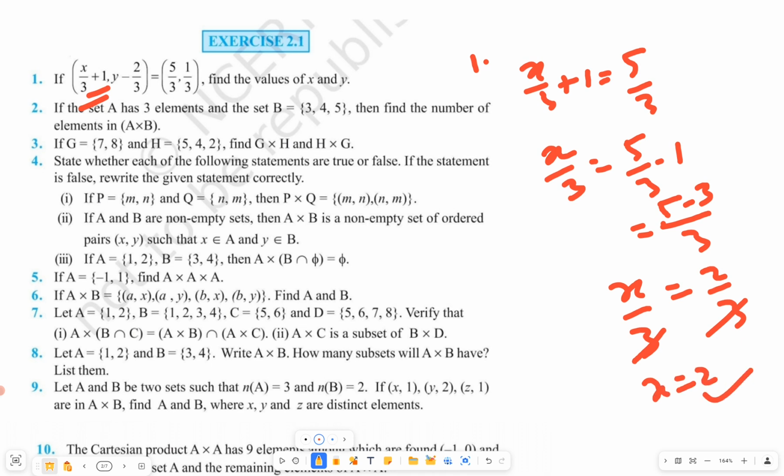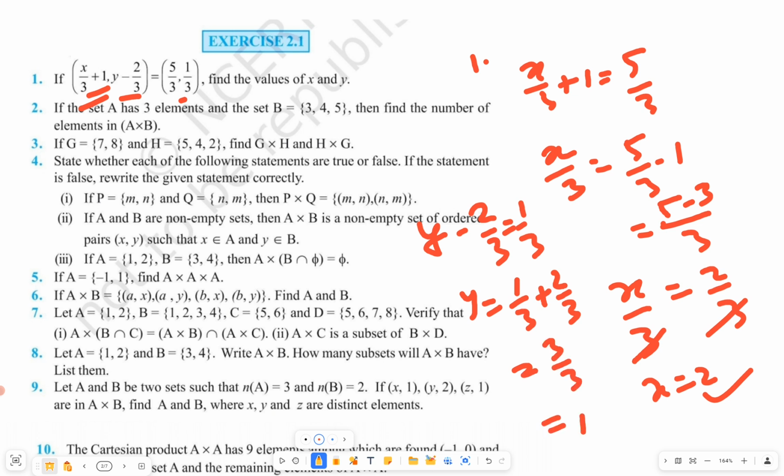On the other hand, next part, y minus 2 by 3 equal to 1 by 3. y equal to 1 by 3 plus 2 by 3, that is 3 by 3 equal to 1. x equal to 2 and y equal to 1. That's my answer.